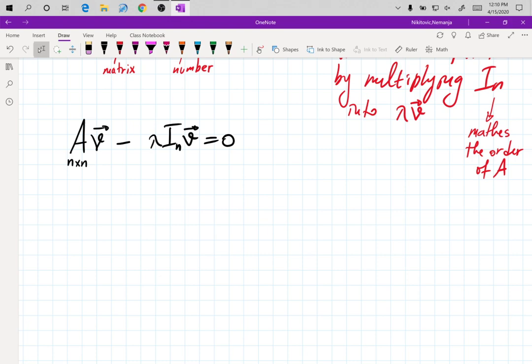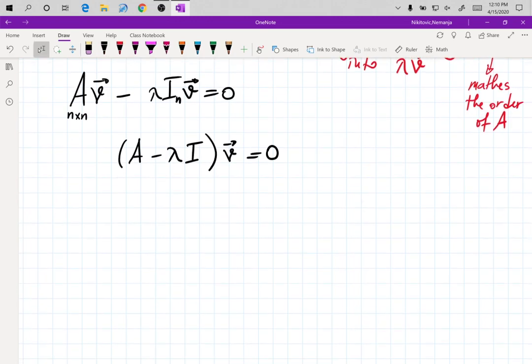And we can factor out v to get our equation that we are looking for. So this was all derivation. So what we get now is A minus lambda I times vector v is equal to 0. That's the big equation.